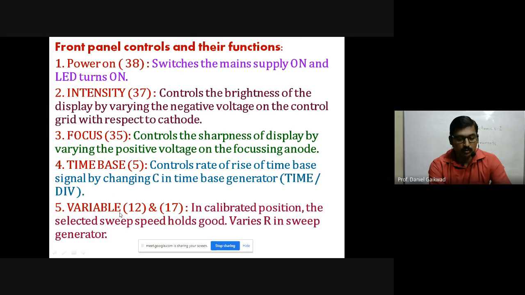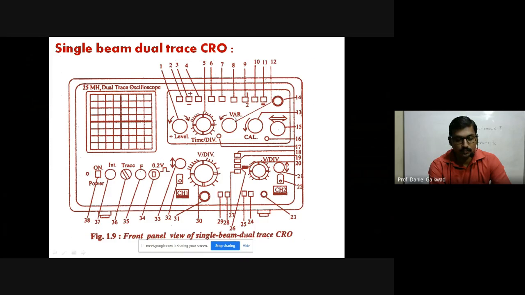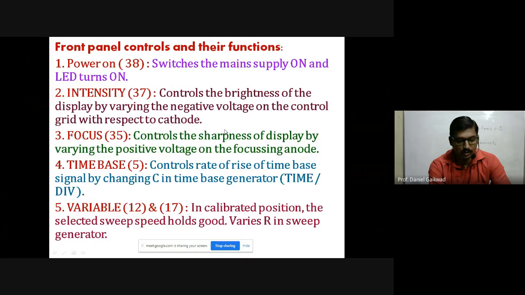Now the next variables, number 12 and 17. Check carefully number 12 here, variable, and number 17. So here we have the two variables 12 and 17, and they have a special function in calibrated position.